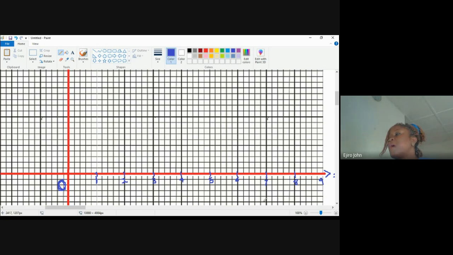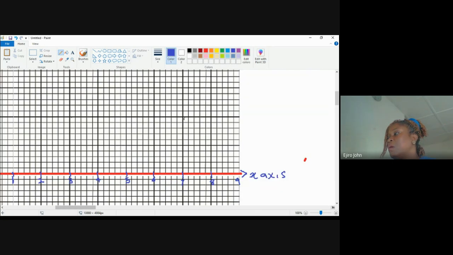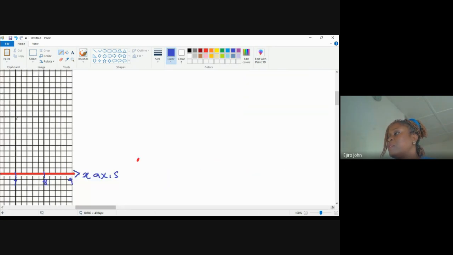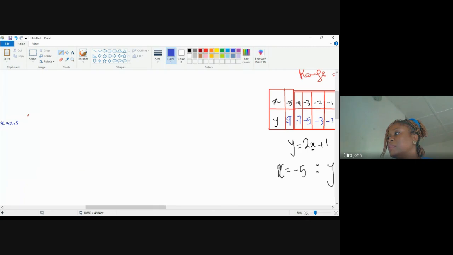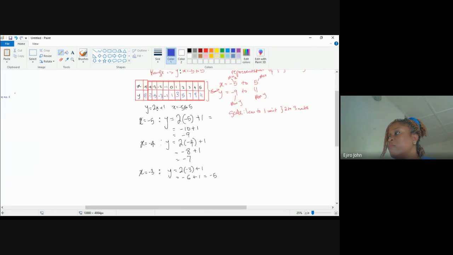It's like our graph has extended more. That means there's a point on the x-axis that is more than what we have. Right?